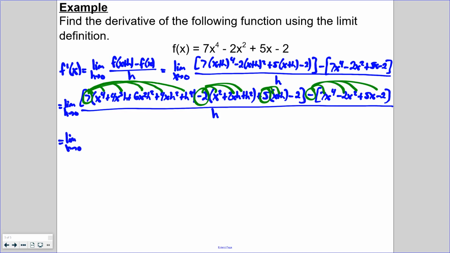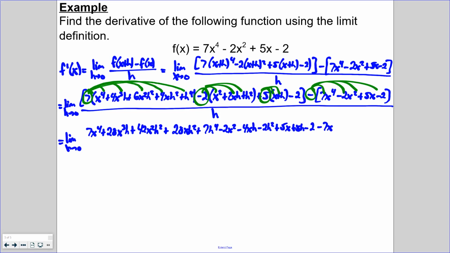So the limit as h approaches 0 is going to be 7x to the fourth plus 28x cubed h plus 42x squared h squared plus 28xh cubed plus 7h to the fourth minus 2x squared minus 4xh minus 2h squared plus 5x plus 5h minus 2 minus 7x to the fourth plus 2x squared minus 5x plus 2 all over h.